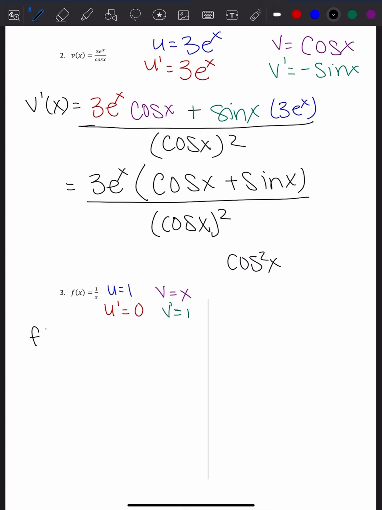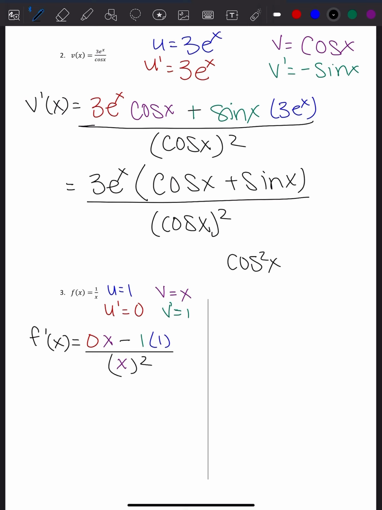So f prime of x is equal to u prime times v minus v prime times u, all divided by our denominator squared.